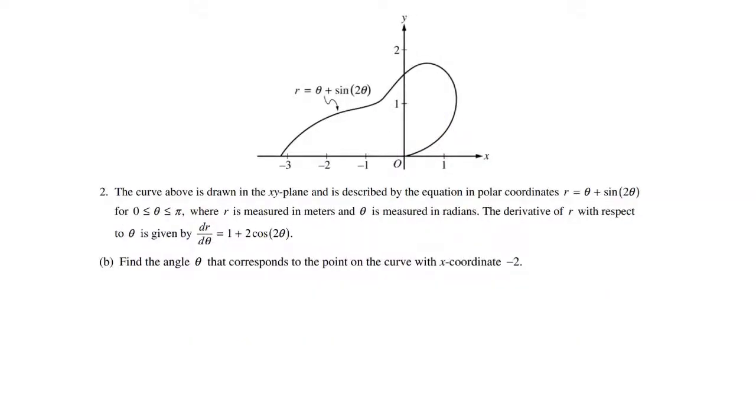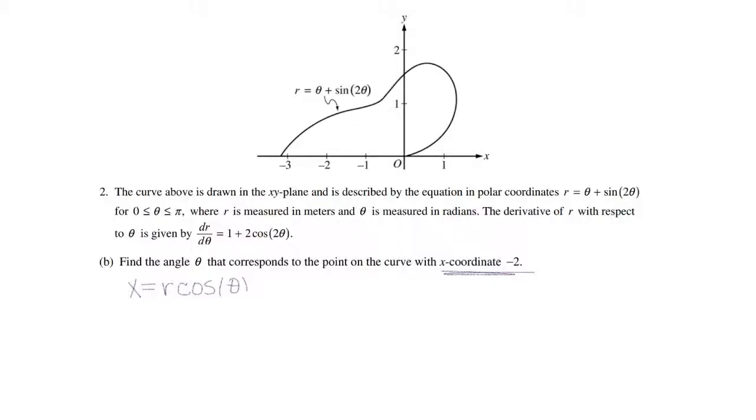Okay, for the next one, part B, we are asked to find the angle theta that corresponds to the point on the curve with the x coordinate negative 2. So x coordinate means we need to go back from polar to the xy coordinate plane. Because we're talking about our x coordinate, we know x equals r cosine of theta.